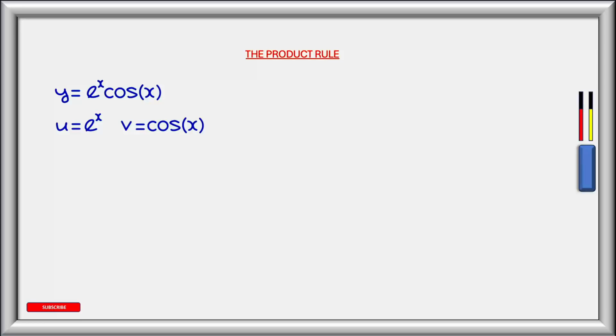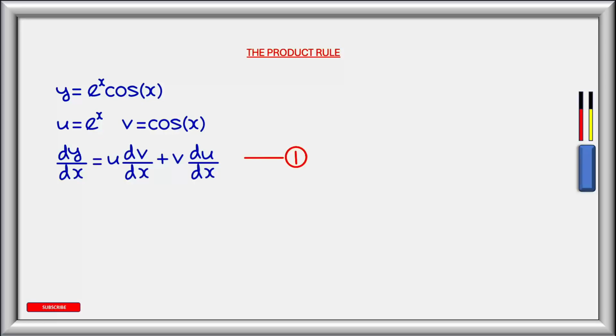For this one, we'll let u equal e to the power of x and v equal cos x. Using the product rule, the derivative of y with respect to x is equal to u multiplied by the derivative of v with respect to x plus v multiplied by the derivative of u with respect to x.